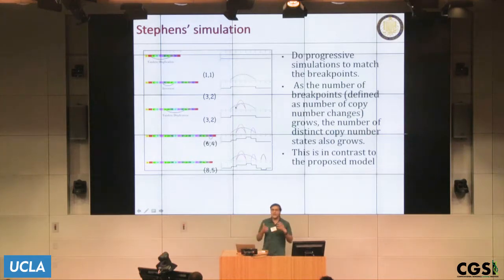So obviously, as you do these operations, you'll get more and more rearrangements, right? And you also get many different copy number states. So here there are only 2 copy number states, low and high. But now at this end, because of how the rearrangements happen, you have some with copy number normal, some with 2x, 3x, and so on. So what they propose is that if rearrangements were to happen progressively, and this is from the Stephens model, you would also see an increase in the copy number states, right?